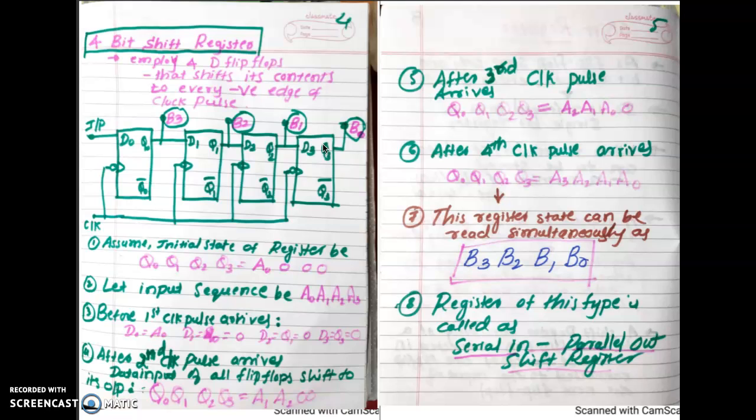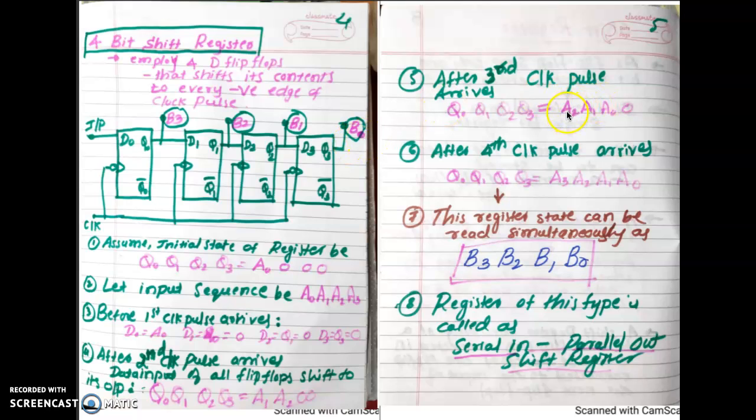Next, after the third clock pulse, Q0 equals A2, the next input. Earlier A1 was there, and it is shifted to Q1. Earlier A0 is shifted to the output Q2.